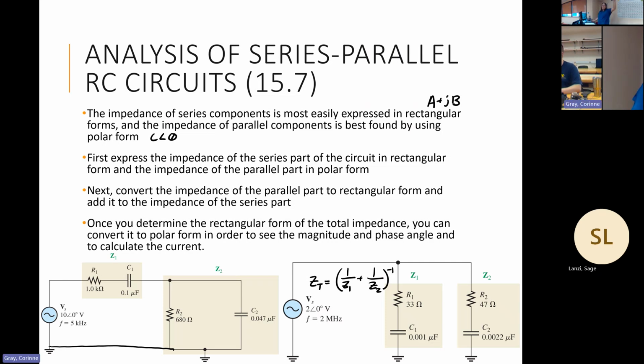Then you would call that one Z3. So you would do Z2 and Z3 separately, then combine them. It's the same way we treated resistors. It's just we have to do some math to get those values first.